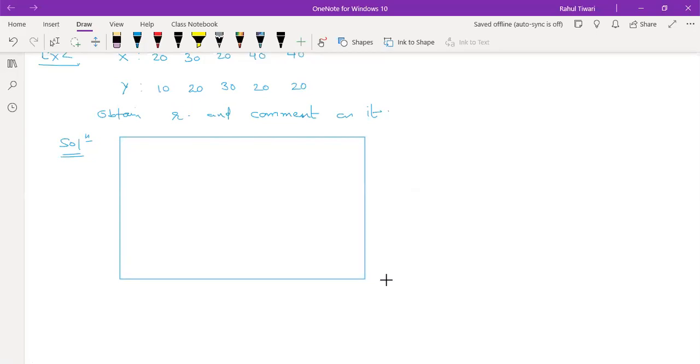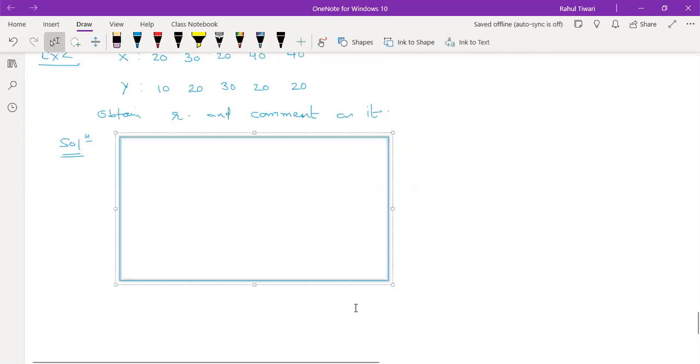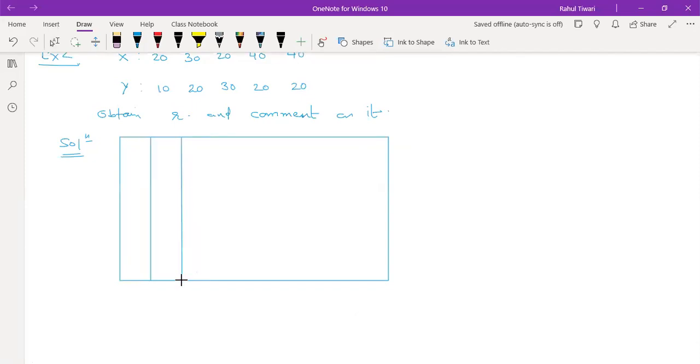First column contains X, then Y, then you can calculate X square or X minus X bar.